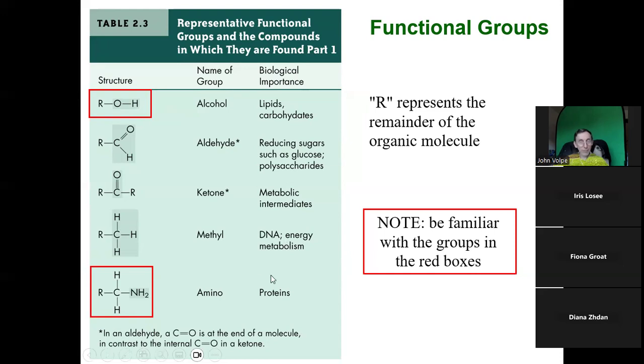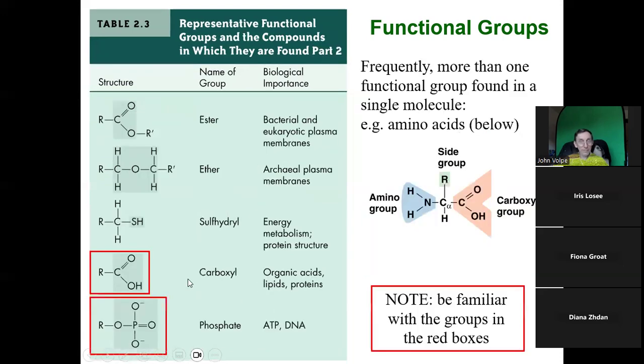Take a look here. What are these molecules? They are the four major biological molecules, the molecules of life.